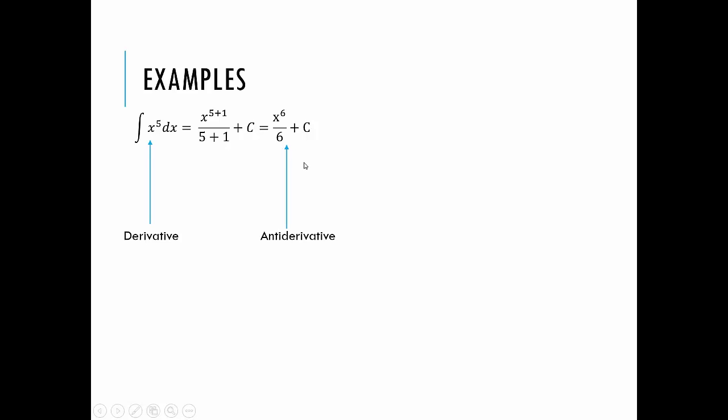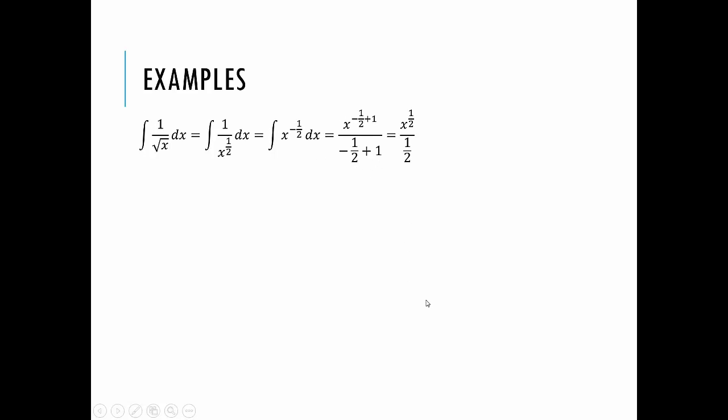Every one of these, you should go back and check, take the derivative of this, and see if you get x to the 5th. If I have 1 over square root of x dx, I can change that to x to the 1/2. I can bring the 1/2 to the top, and that makes it a negative. And so now I have it in this power rule form. So I add 1 to my exponent, and that becomes the same as my denominator.